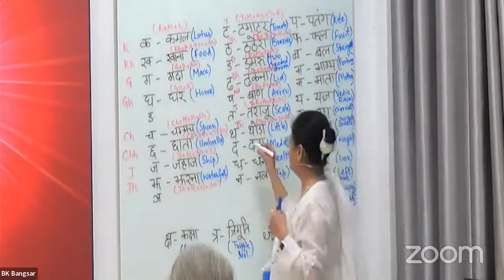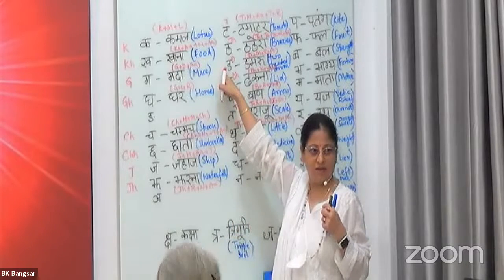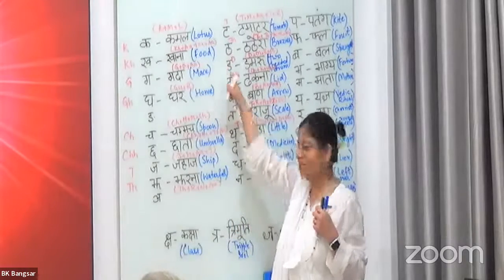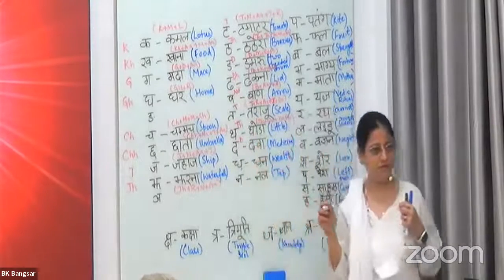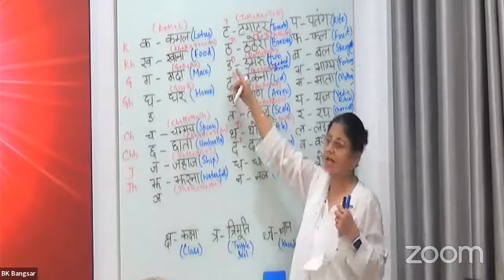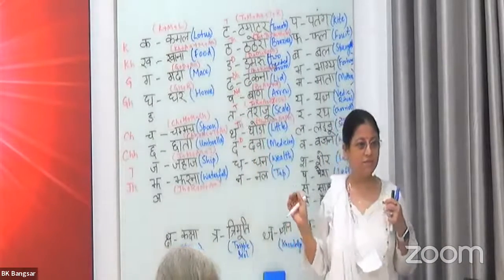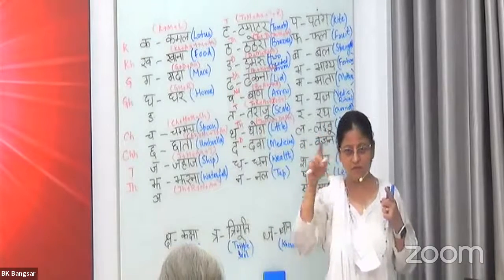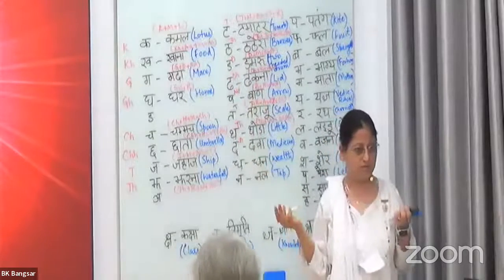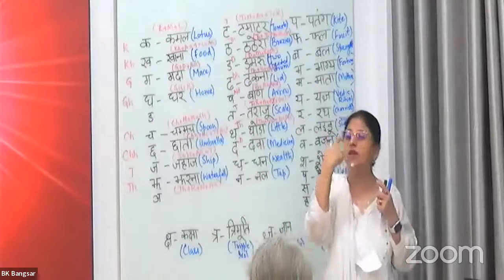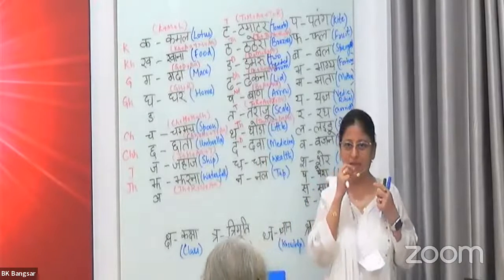Then is da. This is also like D in English. Even this is D. But that is pronounced differently from this. So da and dha are written similarly, but the pronunciation is different. One is touching on top, the other is the tongue coming in between.